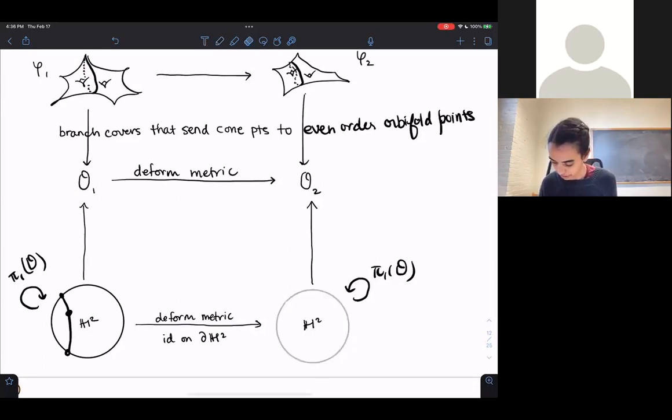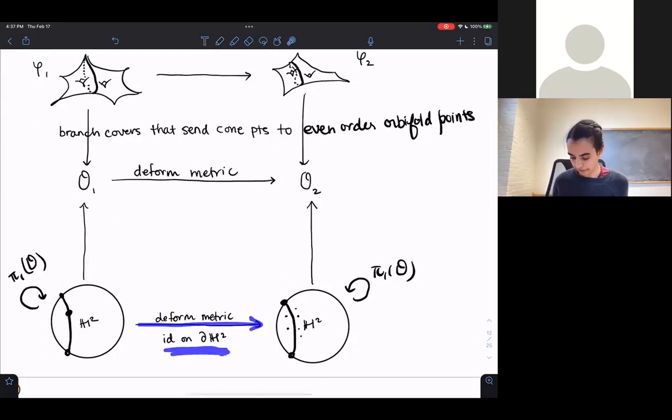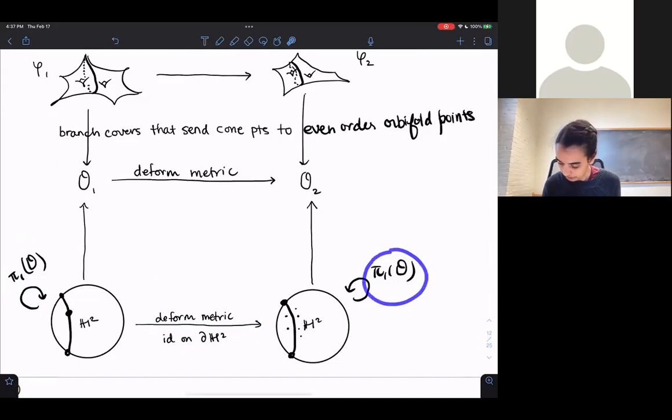So I lift it here, and it didn't go through any of the cone points. Suppose that was the case. But this map acts by identity on the boundary, and it's equivariant with this orbifold fundamental group action. So there is an element here that swaps these two endpoints as well.